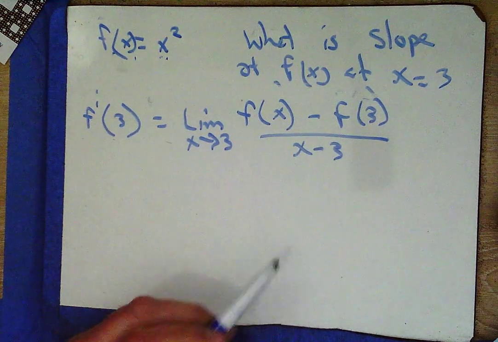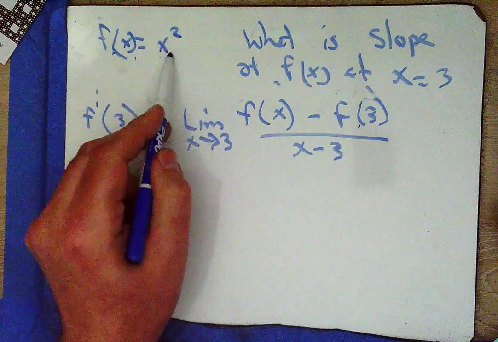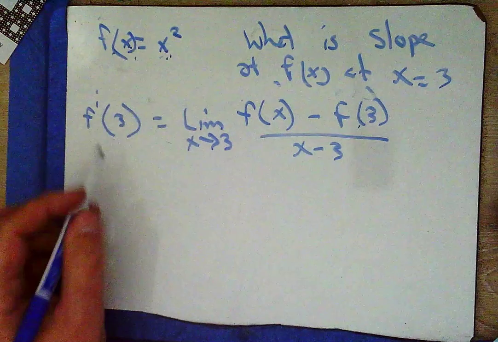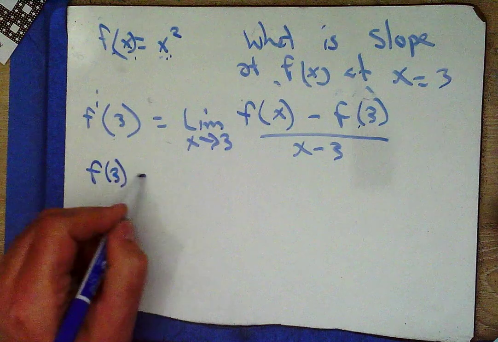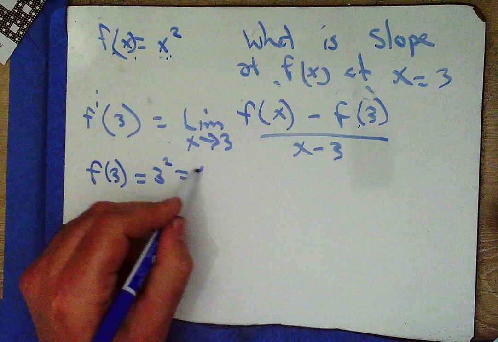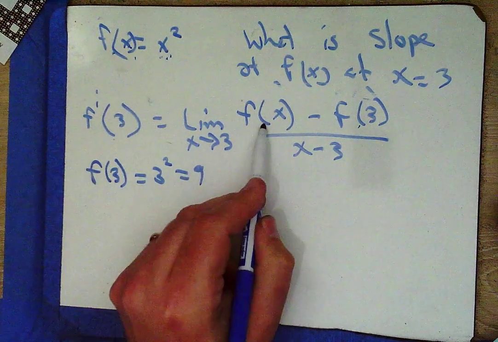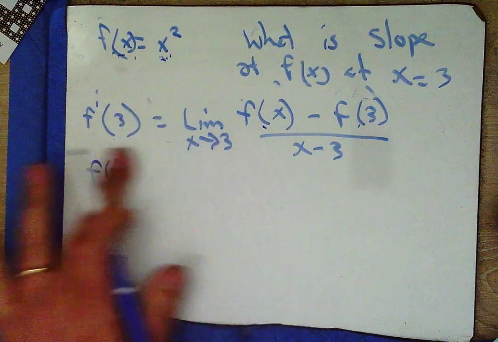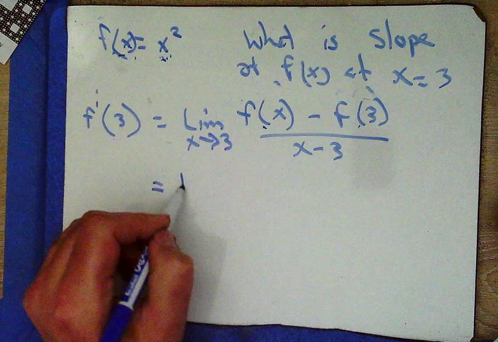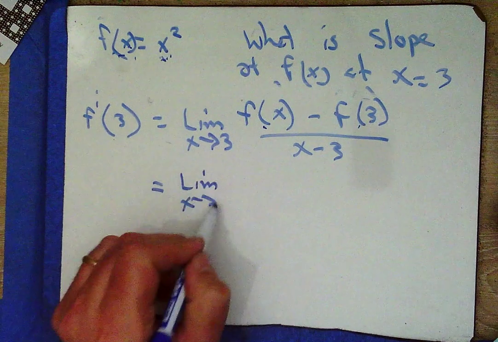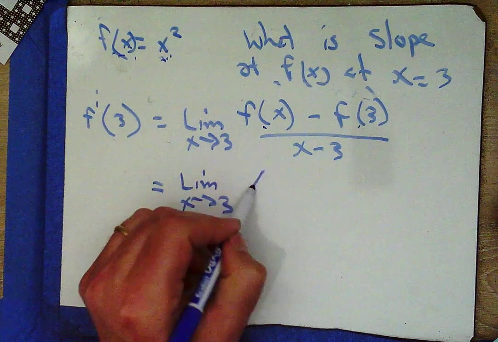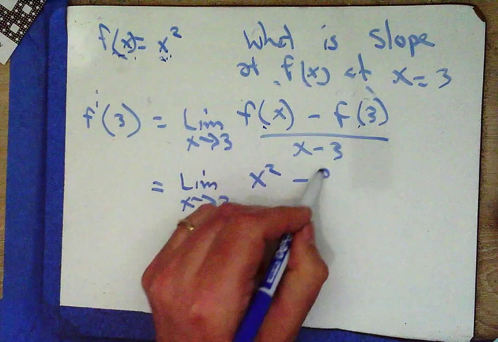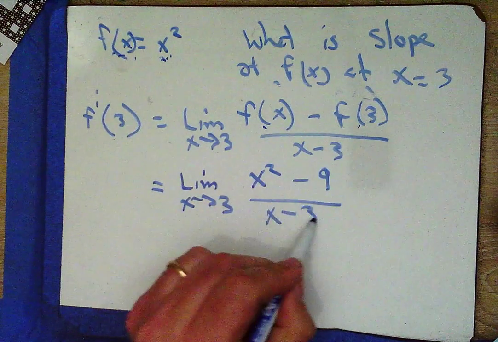So how do I find f of 3? I plug 3 in for all the x's of f of x. So f of 3, we know, is 3 squared or 9. And what about finding f of x? No problem, there is f of x. So this is now going to look like the limit as x approaches 3 of x squared, f of 3 is 9, over x minus 3.